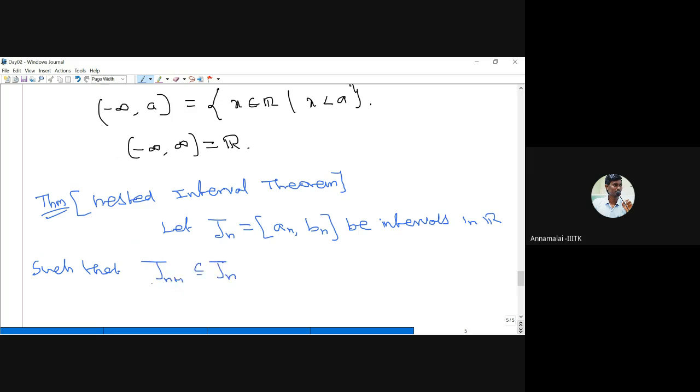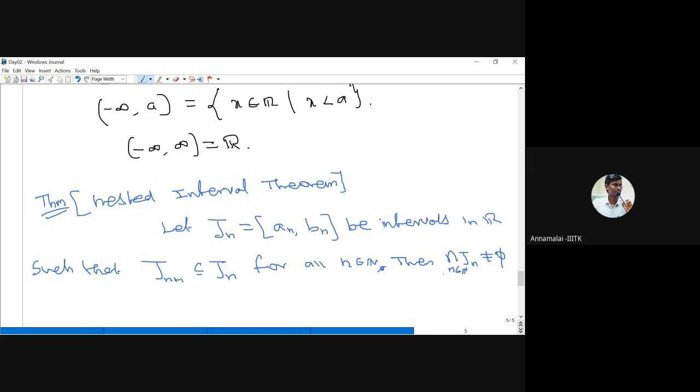So this is a decreasing sequence of intervals for all n. Then the nested interval theorem says the intersection of all the Jn's is a non-empty set. Therefore, definitely at least one element is in the intersection.